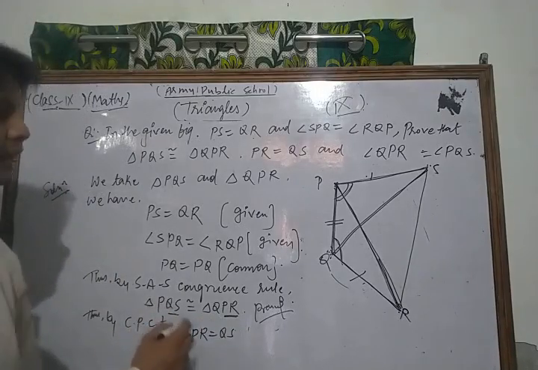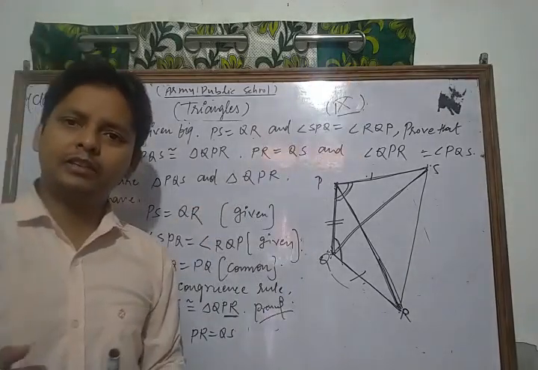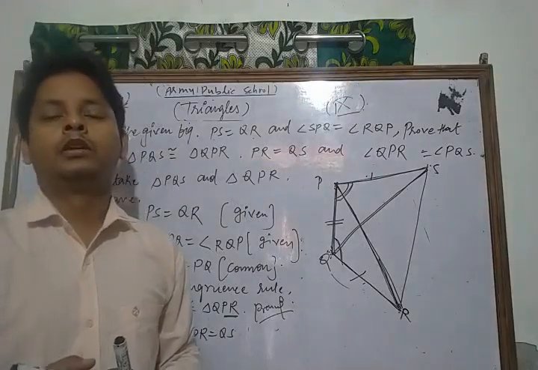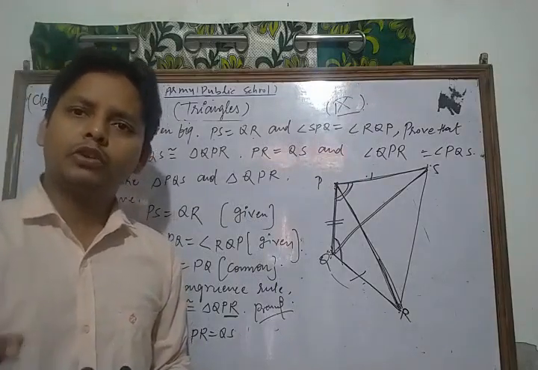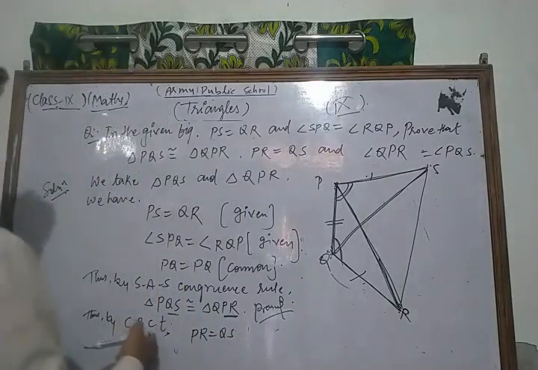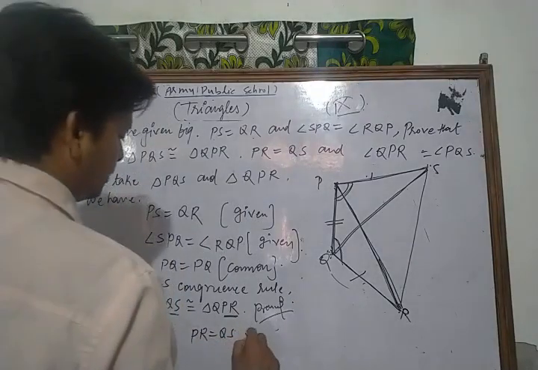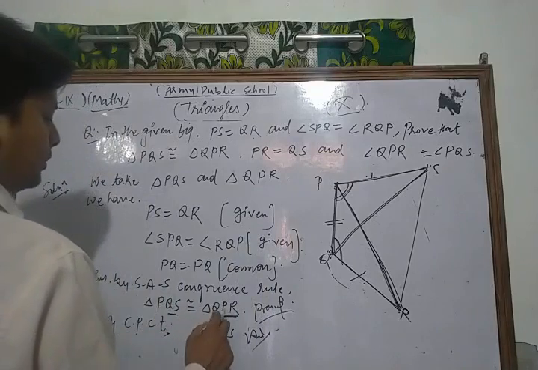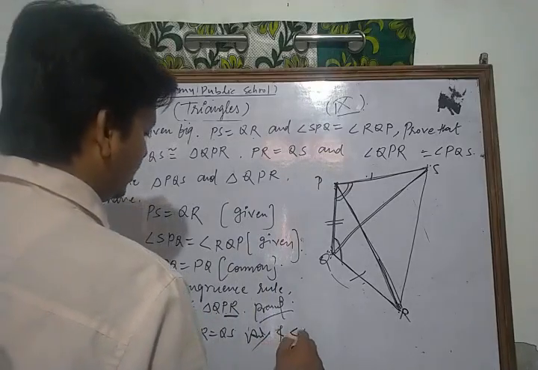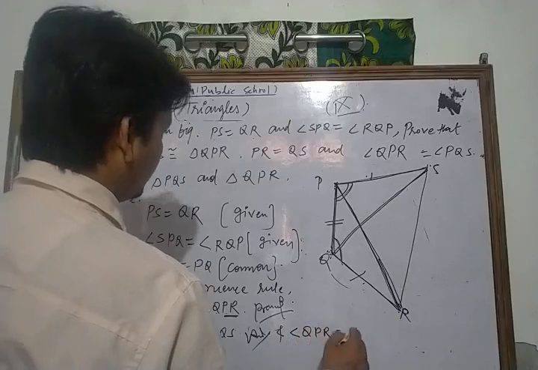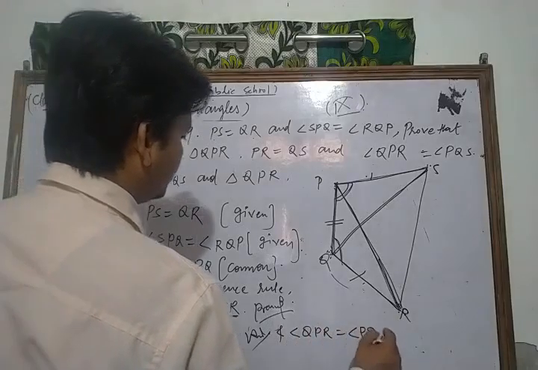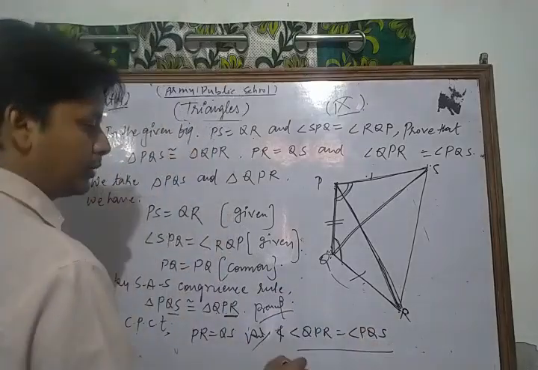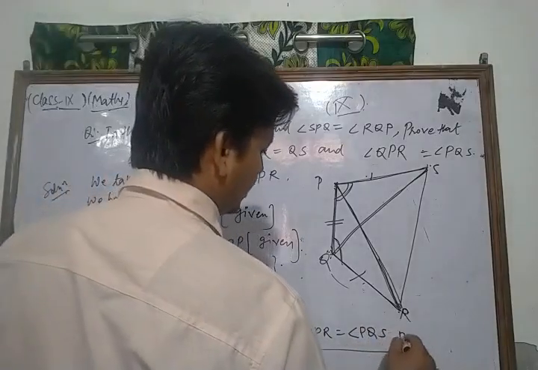CPCT means that in triangles which are congruent to each other, the corresponding parts are equal. So this is another proof. And next, angle QPR is equal to angle PQS. These are also by CPCT.